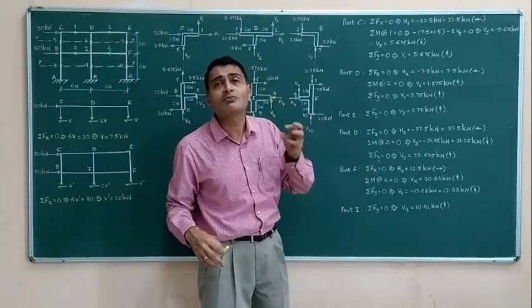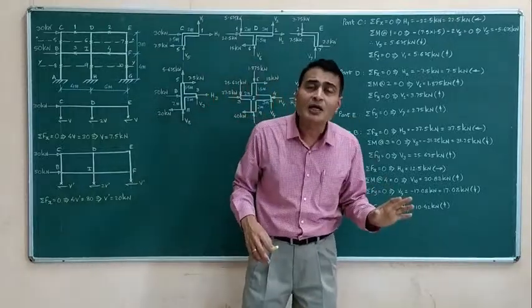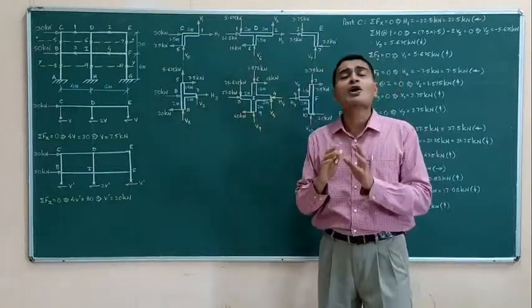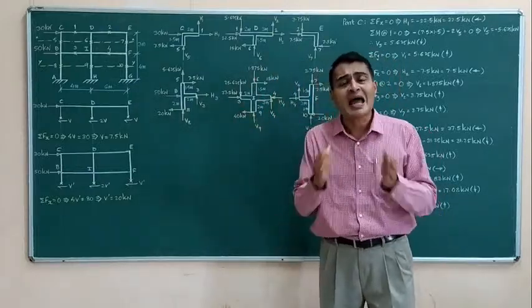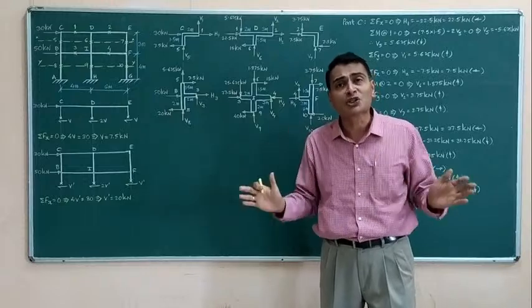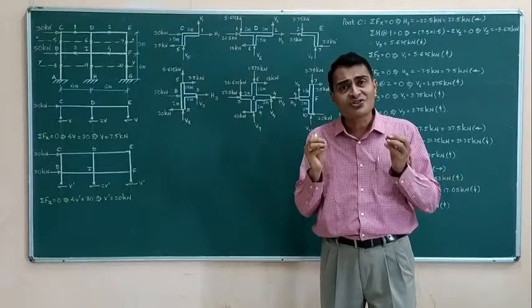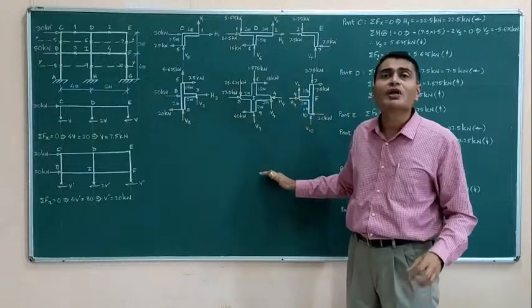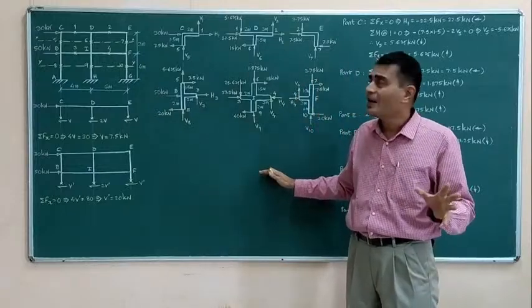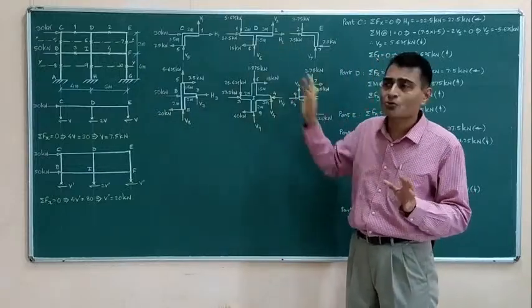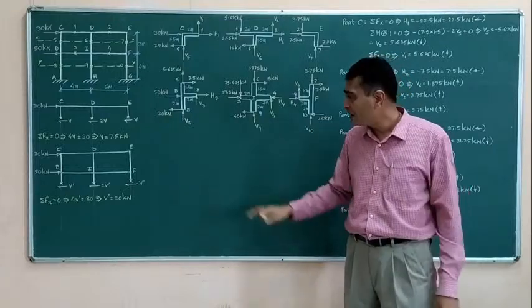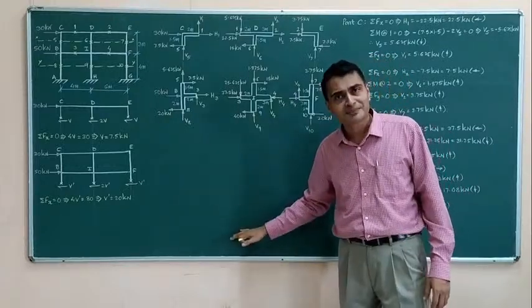Nearly 14, 15 equations you are solving. But you are getting all axial forces and all shear forces at points of contraflexure. Once that is done, it is a very simple job to develop the moment diagram and to express the shear forces and axial forces. Now how to do that I will show you.